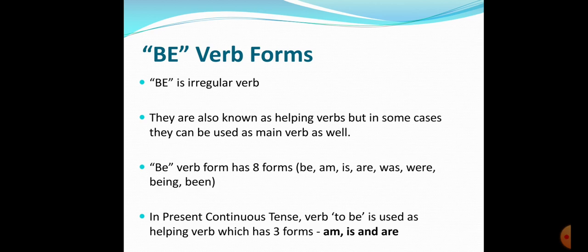To be has 3 forms, which are am, is and are. Let's look into the next slide and try to understand it more clearly.